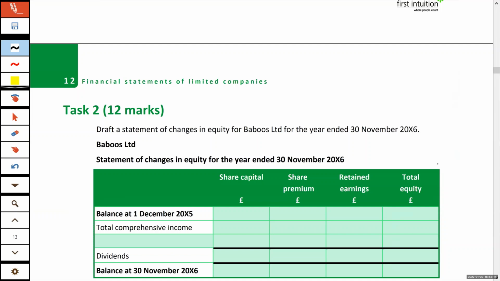So as per our balance sheet, I know my balance at the start of the year, which is 10,000 share capital, 2,000 share premium, retained earnings was 1,080, and that gives me a total of 13,080.